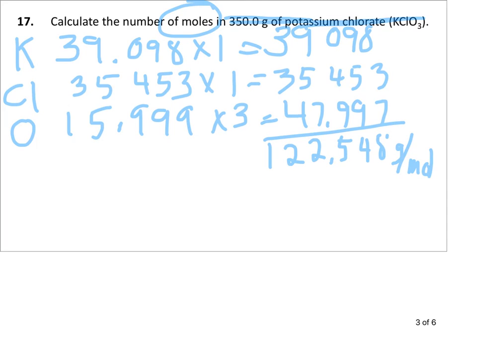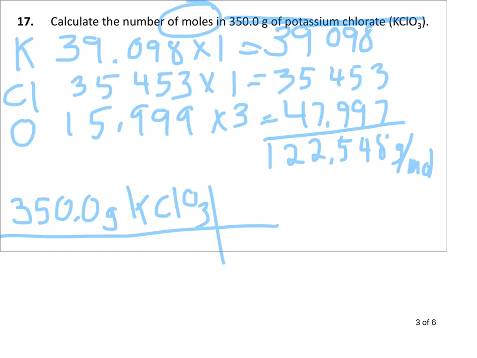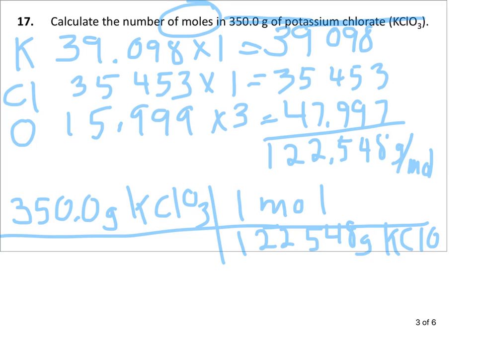We had 350.0 grams of the potassium chlorate. And 1 mole of it is 122.548 grams of the potassium chlorate.